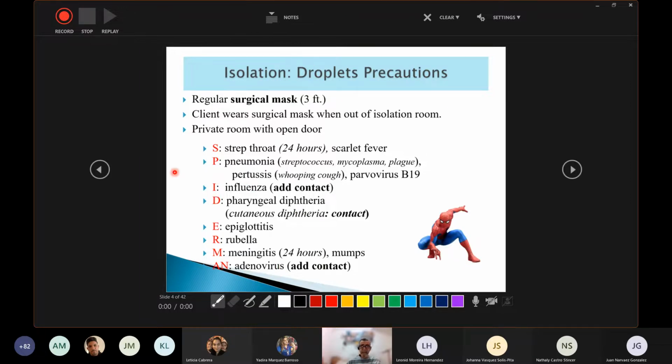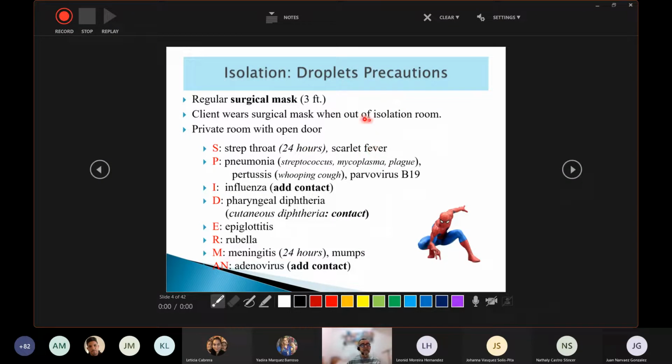I found, even if I don't like mnemonics, I prefer to understand and then memorize, I found this mnemonic very useful. So the S of Spider-Man relates with strep throat. Strep throat is one of the diseases that once you start the penicillin, 24 hours later, you are not contagious anymore.